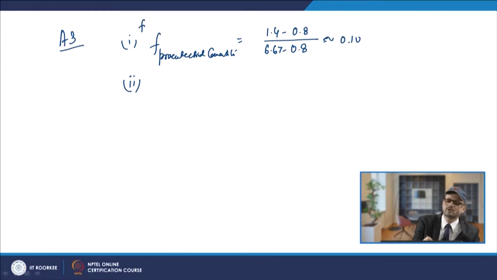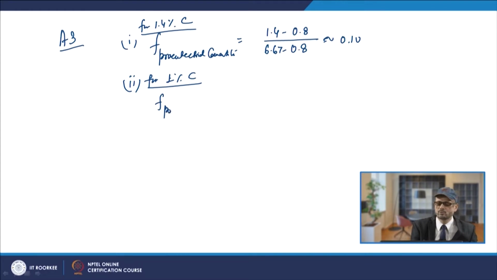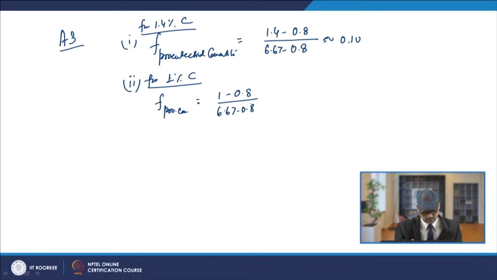So, this is for 1.4% carbon, and this is for 1% carbon. F pro-eutectoid cementite will be 1 minus 0.8 divided by 6.67 minus 0.8, so it will be close to 3.4%. If you do the calculation, you will get it close to this value of 3.4%.